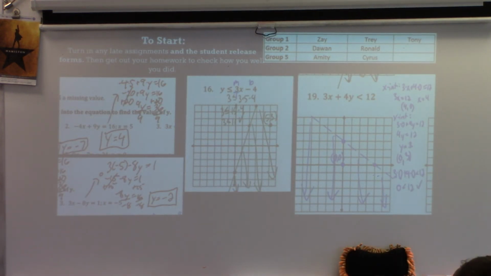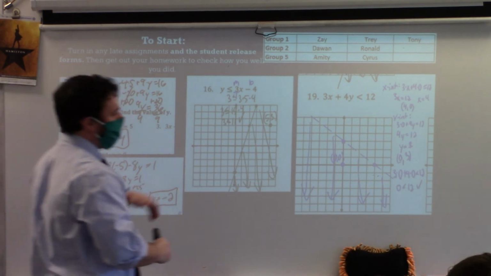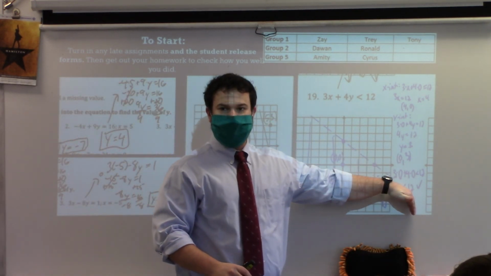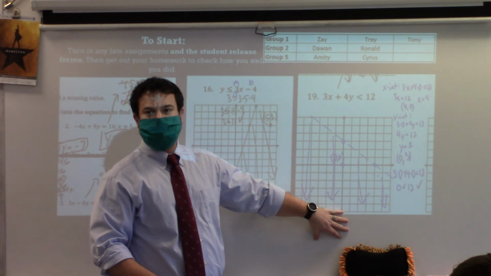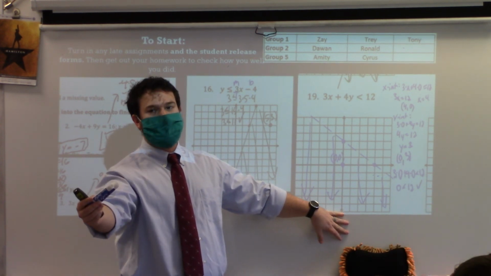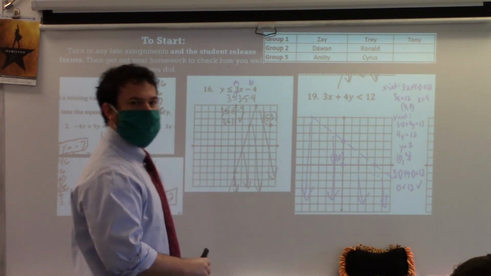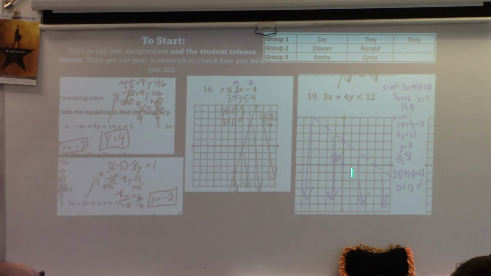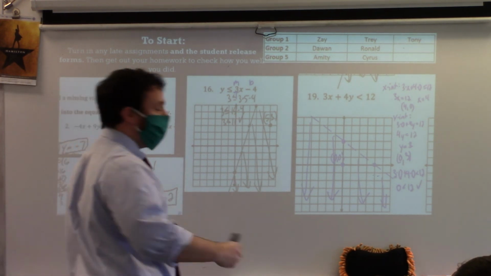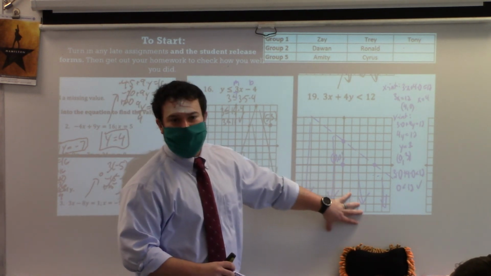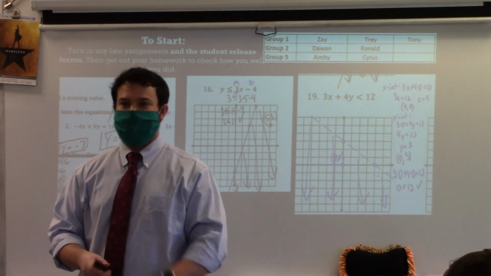I love that language, right? Notice the boundary line is going to cut the plane in half, and so we're going to shade a half plane, right? So is it enough to just stop at that boundary line? Nope, we got to shade. What are we shading? The half plane. Yeah, but why do we shade this half plane? Why didn't we shade what's above it? Solutions, the things that make the inequality true. We all good with those ideas?